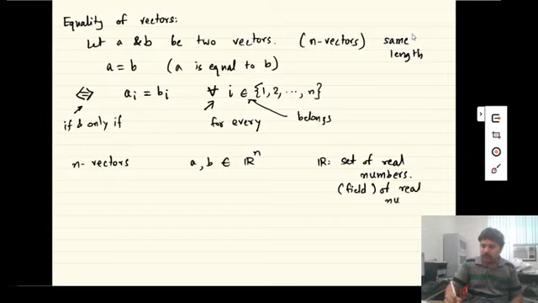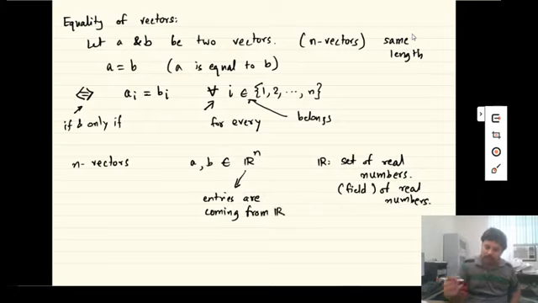So we'll see what it really means, but not immediately. So this is the field of real numbers. And when I am having R to the power n, this R is really telling me entries are coming from R. And this n which I have written on top, it is telling me the length of the vector.